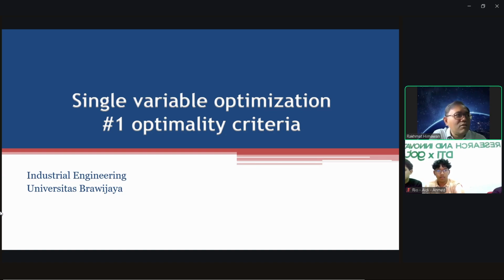So now we are starting to learn about the simpler one, just a single variable. Meaning, if you remember in OR, or operations research, you have several variables like x1, x2. Here we just have one variable.